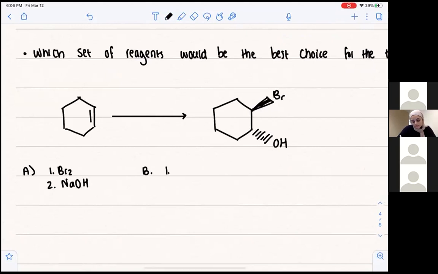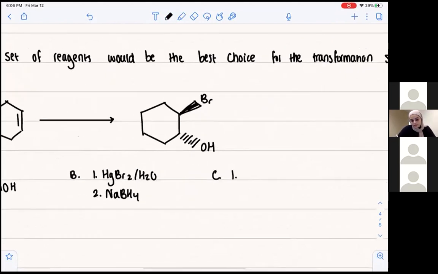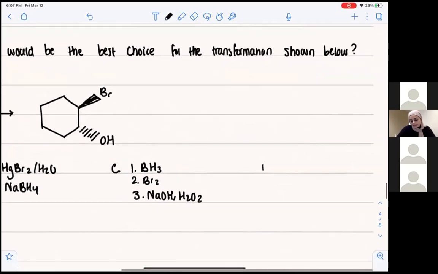B: 1 is HgBr, 2 is H2O, 2 is NaBH4. C: 1 is BH3, 2 is Br2, 3 is NaOH, H2O2. D is Br2, H2O.